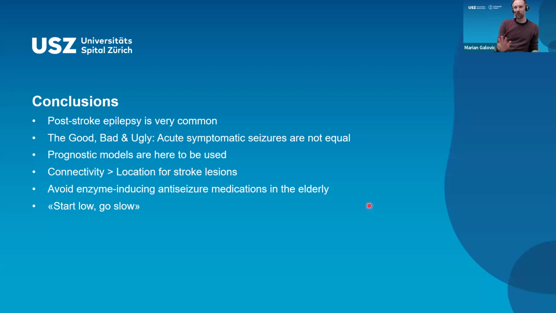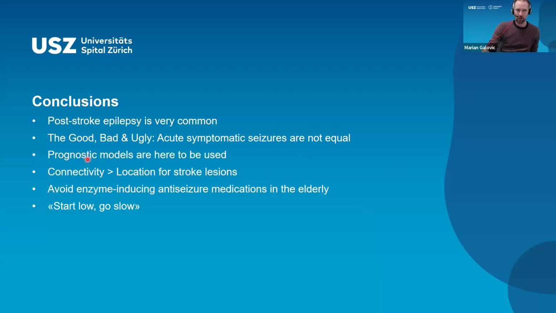Right, so let me conclude. Post-stroke epilepsy is very, very common, and it's actually the commonest cause of epilepsy in older individuals. Regarding acute symptomatic seizures, not all seizures are equal, and I would advocate to distinguish between the good, the bad, and the ugly types of seizures.